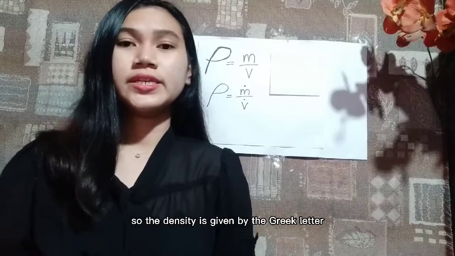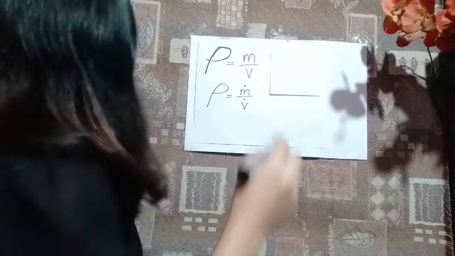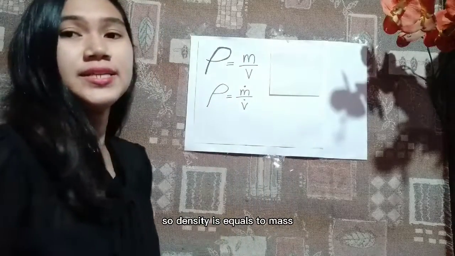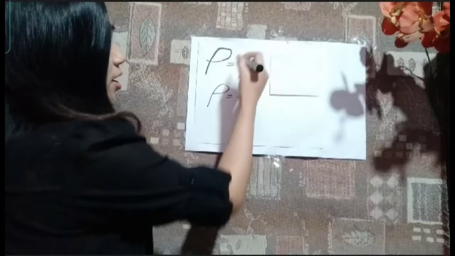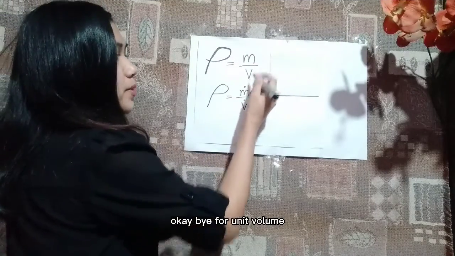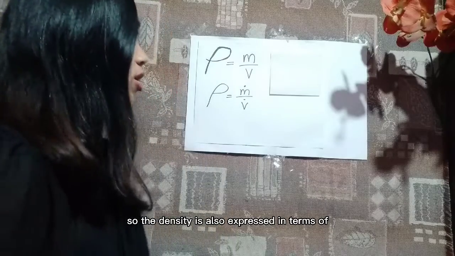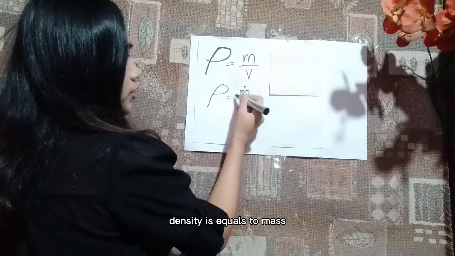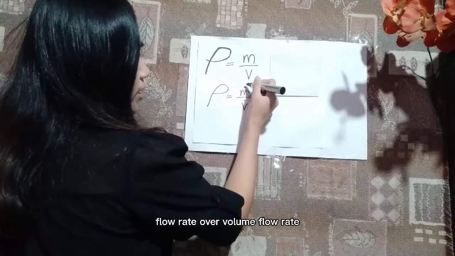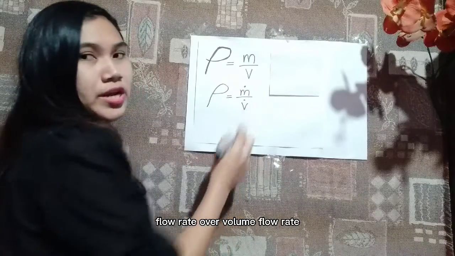The density is given by the Greek letter rho. So density is equal to mass per unit volume. The density is also expressed as mass flow rate over volume flow rate.